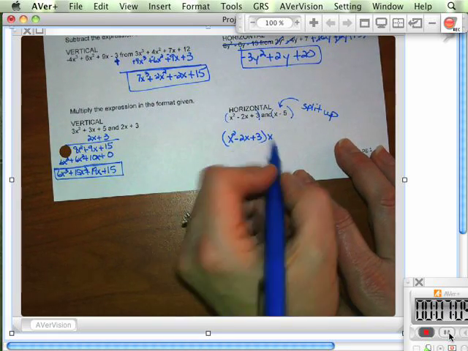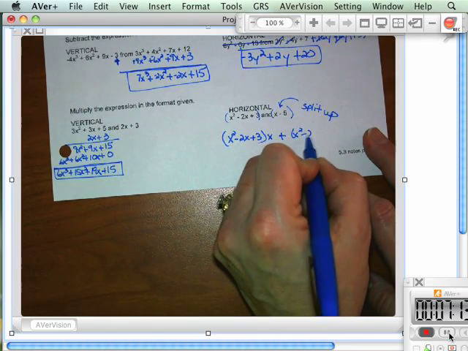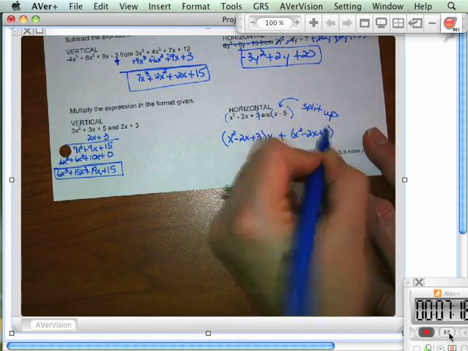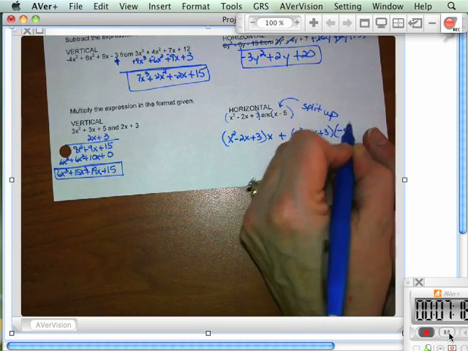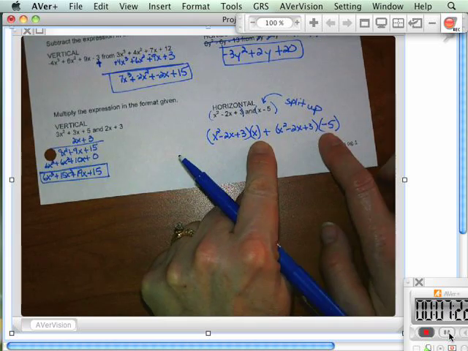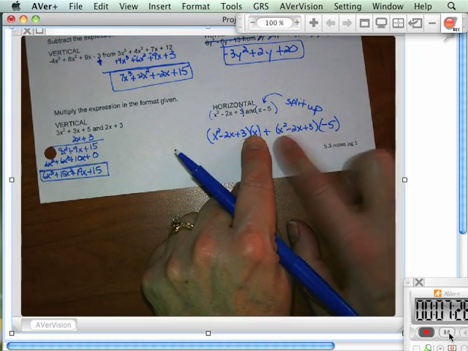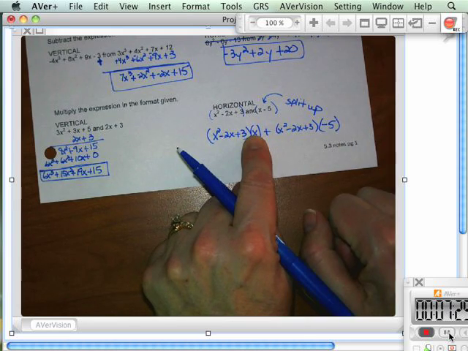And then I'm going to take that first trinomial and multiply it by the second term of that binomial. So here is the x minus 5. And if you combine what you get here with what you get here, it's the multiplication or the product of those two.